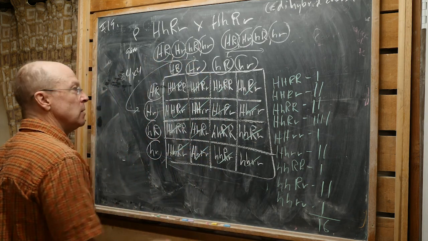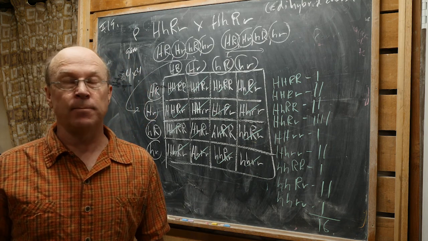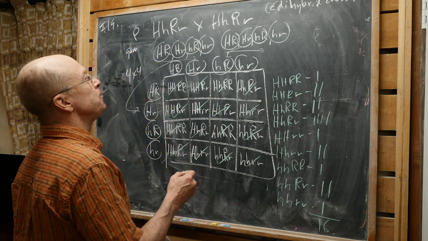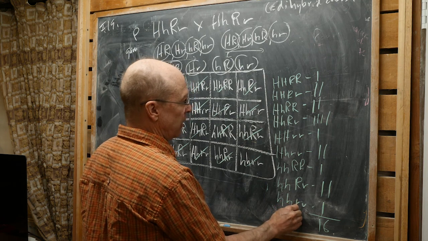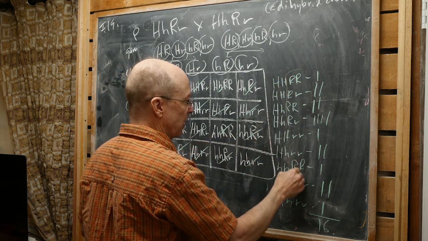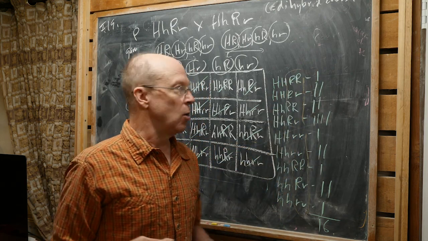Phenotypic ratio, let's take a look at this. This is where it gets a bit fun. So remember that this locus here is the incomplete dominance locus. So this is going to be pretty interesting if we take a look at what happens at the R locus.